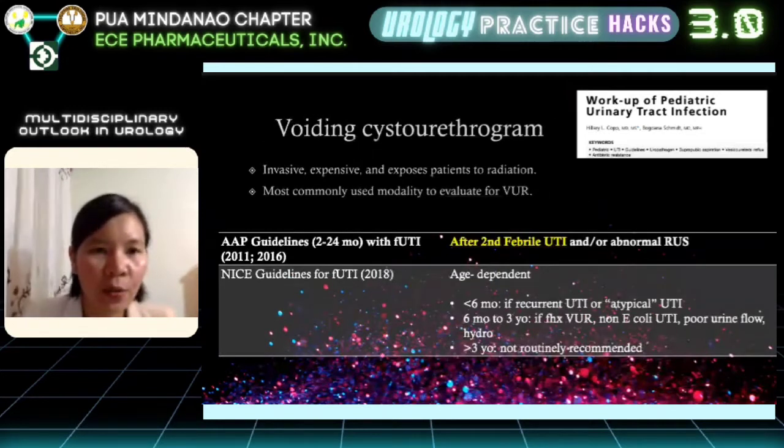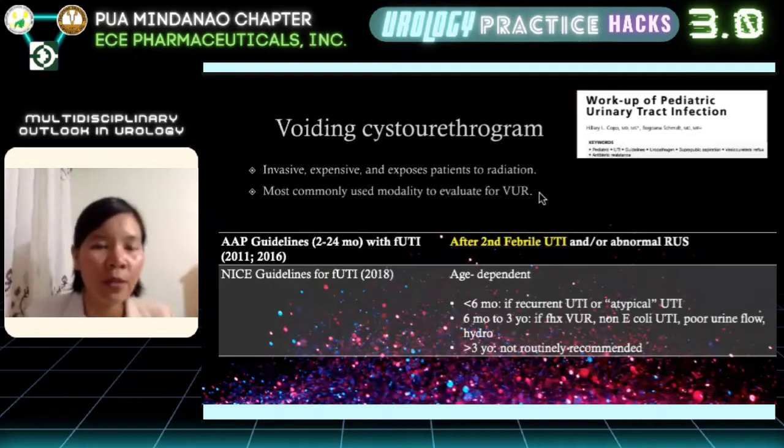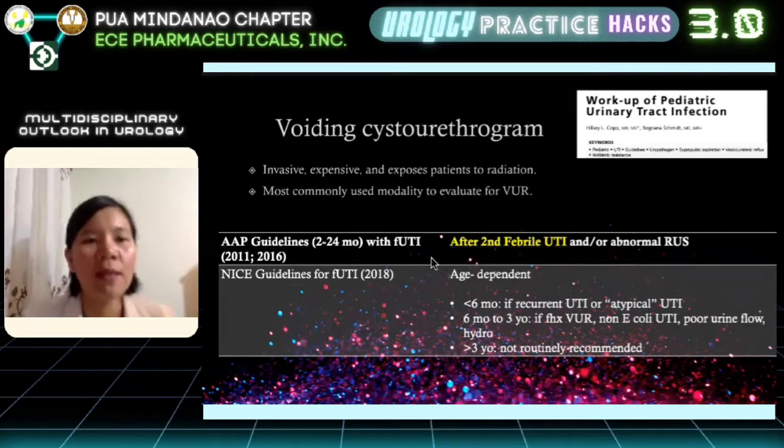Voiding cystourethrogram is the modality to evaluate for vesicoureteral reflux. The AAP guideline recommends doing it after the second febrile UTI or if an abnormality is seen in the renal bladder ultrasound. For the NICE criteria, again, it is age dependent.